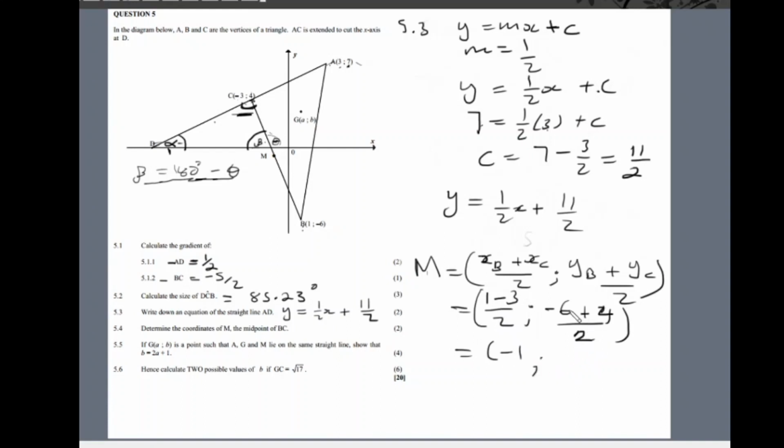And then here I'll have minus 2 divided by 2 is going to be minus 1 also, right? So the coordinates of the midpoint M, the midpoint of BC, is minus 1, minus 1. Okay, and then now we go on to 5.5.